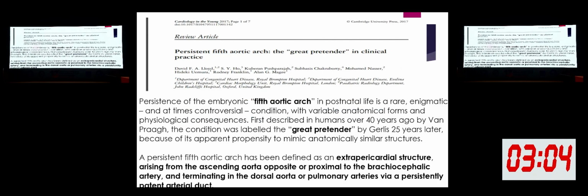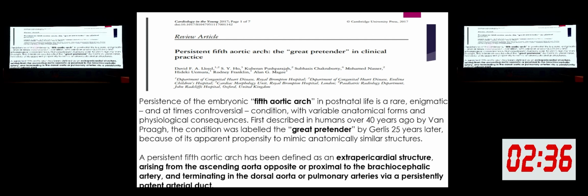See, one article is the great pretender in clinical practice, where it is described that a persistent fifth aortic arch is an extrapericardial structure, but it should arise from the ascending aorta proximal to the origin of the brachiocephalic trunk. Okay, so by definition, our channel doesn't fit into this definition, and it should terminate in the dorsal aorta or the pulmonary arteries.